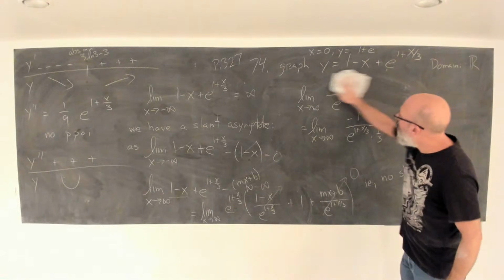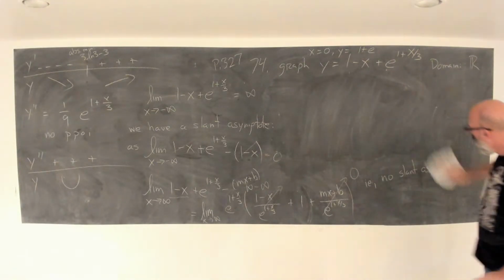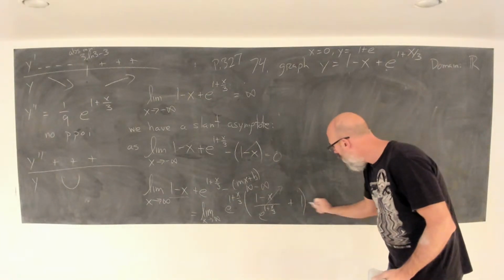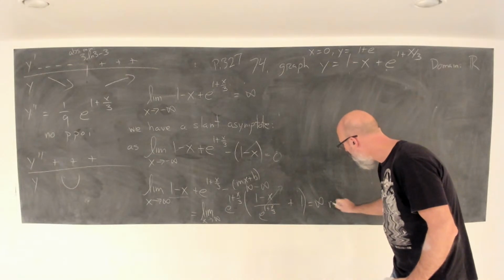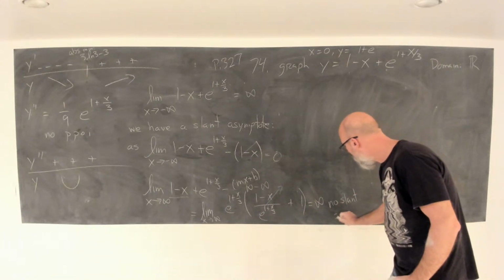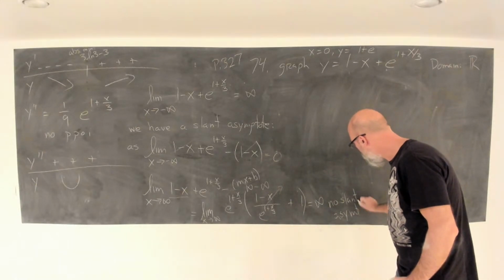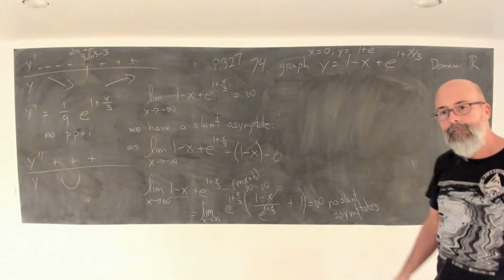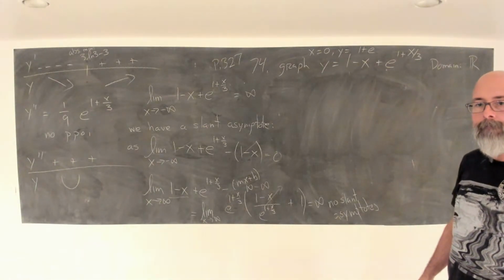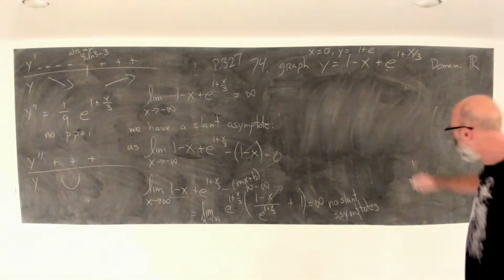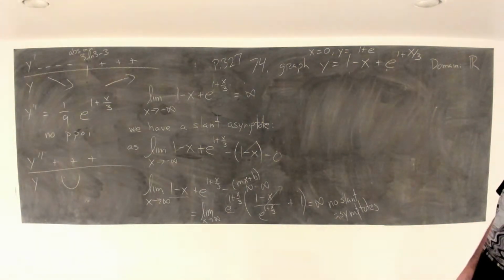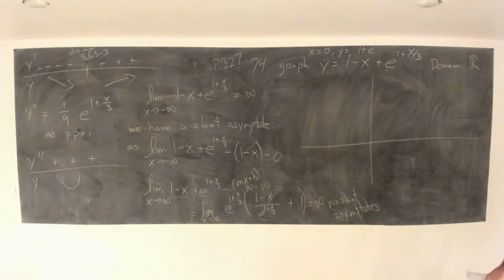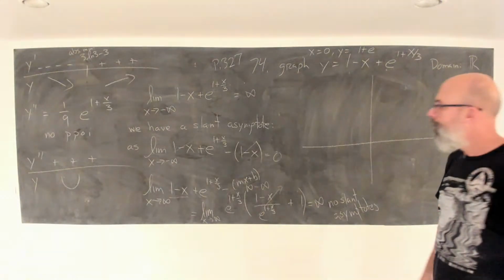All right, so let's put everything together. What are we saying here? Here we're saying that this limit was infinity and no slant asymptotes. Let's graph. Where are we starting?